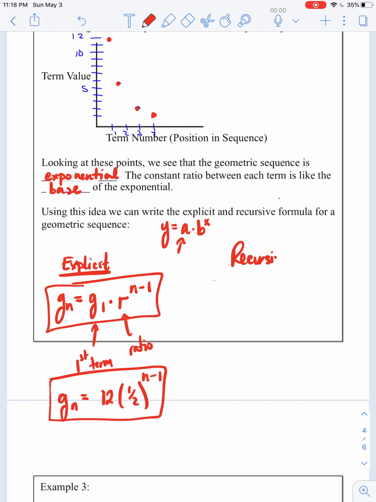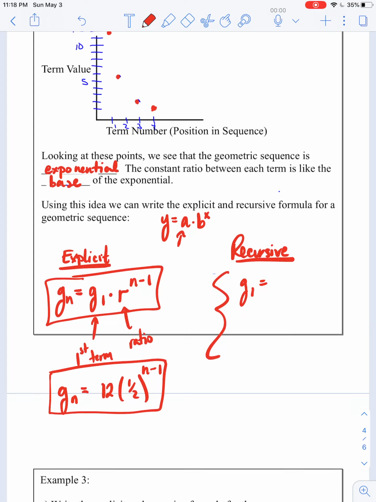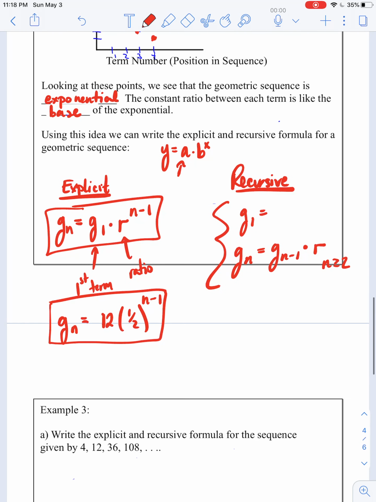All right. But then for the recursive, we do again the bracket, and we say g1 equals. And then this time we say the nth term would be the term before it. But instead of adding or subtracting, we just multiply by r. And again, we say n is greater than or equal to 2 for that part. So for this particular problem, g1 is 12.